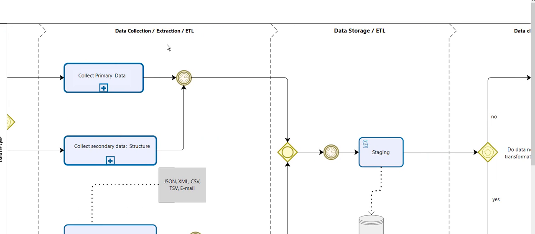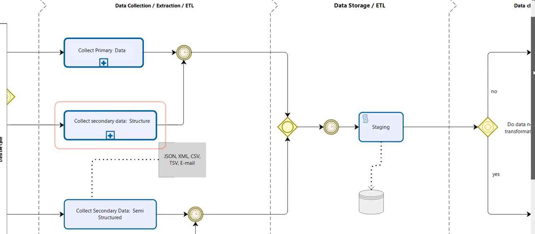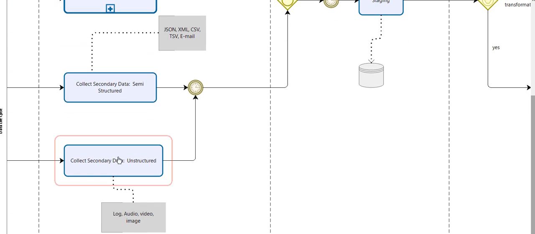And to do that, you have several types of data. We can say, for example, collect primary data, you can extract secondary data, or you can search for semi-structured data or unstructured data.